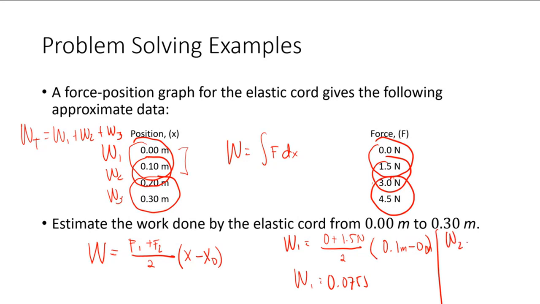Okay, how about for work 2? For work 2, we have these 2 positions, 0.1 meter and 0.2 meters, and their forces. For 0.1 meter, you have a force of 1.5 newtons, and for 0.2 meters, you have a force of 3 newtons. So that would be equal to 3 newtons plus 1.5 newtons over 2 multiplied by the change in the displacement, so that would be 0.20 minus 0.1 meters.